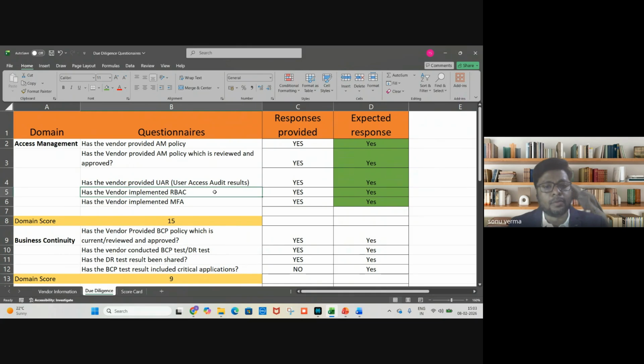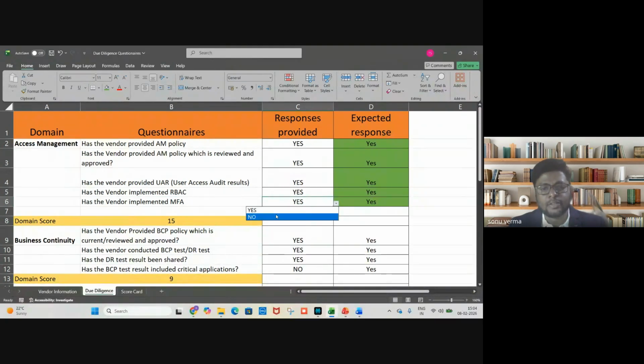Then we conduct role-based access control. And then, yes, we have deployed multi-factor authentication to all the applications where the data is getting saved, whether it is Databricks or Snowflake, or GitHub, where we are saving the source code. All right. Now, the vendor said, no, I do not have multi-factor implemented in my organization.